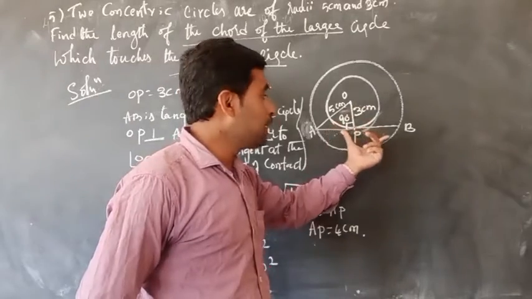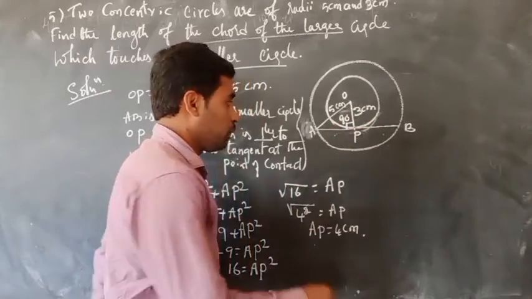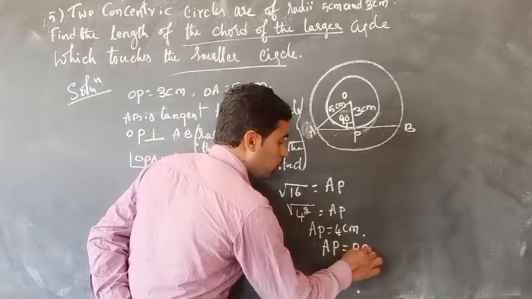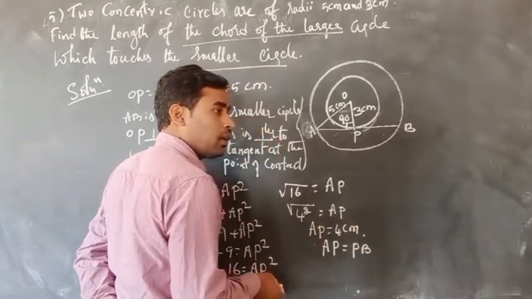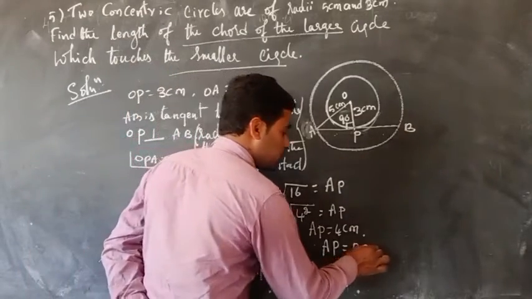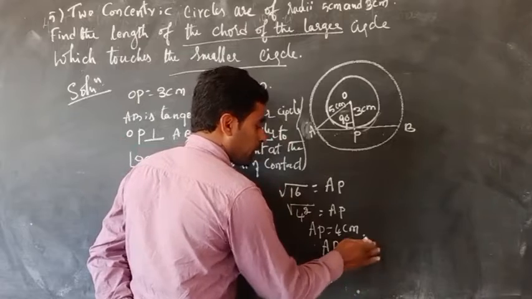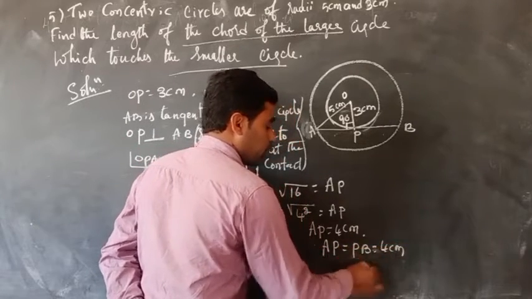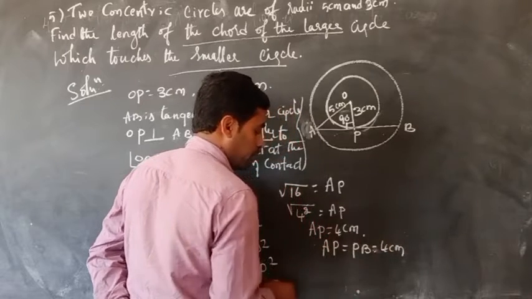Therefore, AB gets bisected. Therefore, we can write the length of AP is equal to PB, using the circle chord property, which is equal to 4 centimeter. The reason is circle chord property.